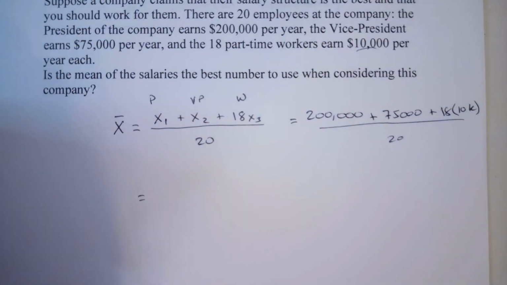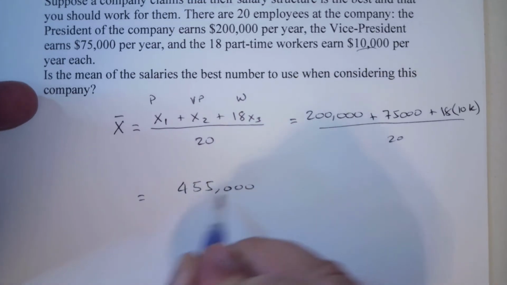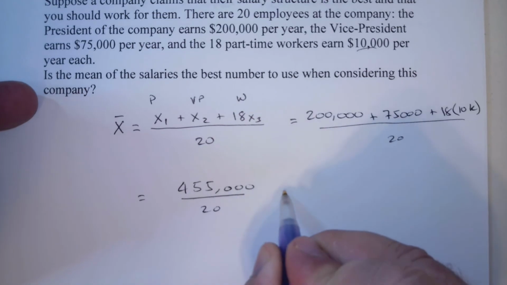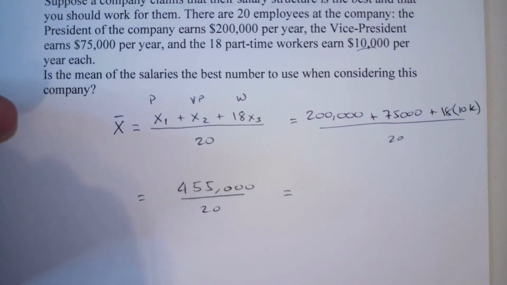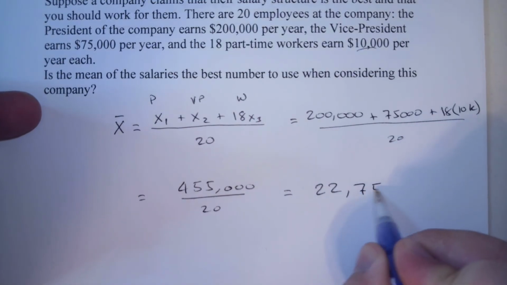So let's see what they claim their average salary is. So 200,000 plus 75,000 plus 18 times 10,000 equals 455,000, divided by 20 gives us an average salary of 22,750.